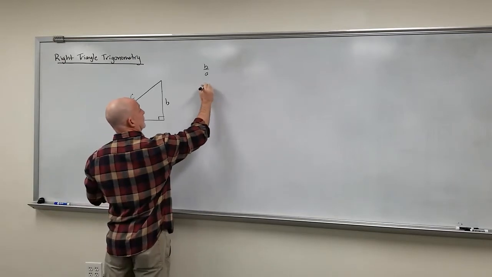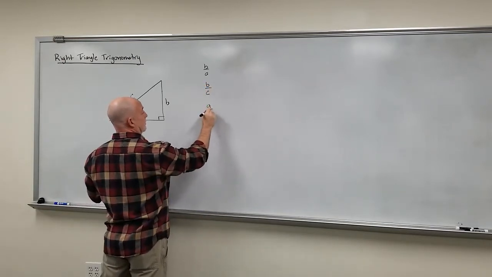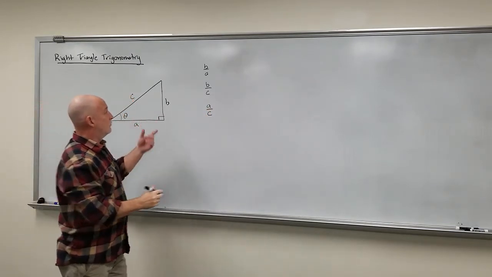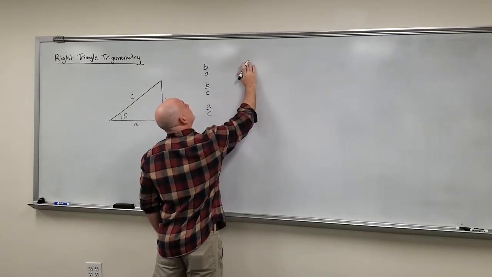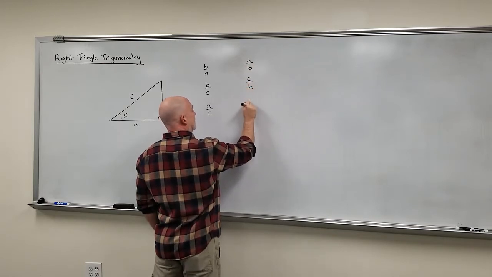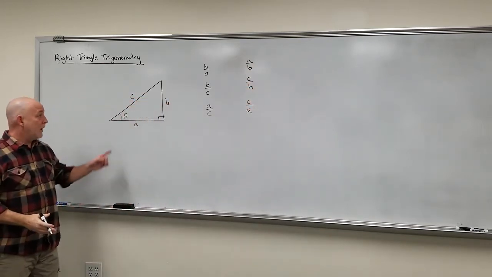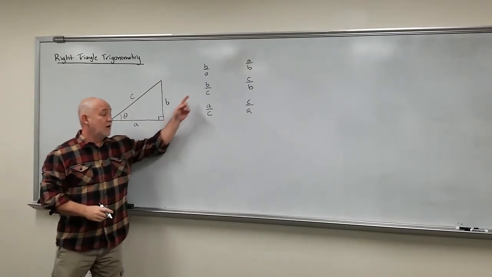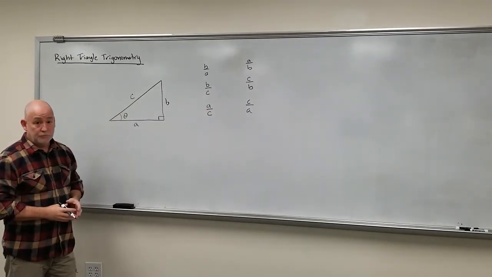We could do B over C. We could do A over C. What else could we do? Well, we could take all these and do the reciprocal. I could do A over B, C over B, and C over A. Notice those are the only possible fractions we can make out of the three sides of these triangles. So we have a total of 6 possible ratios we can get from one triangle.